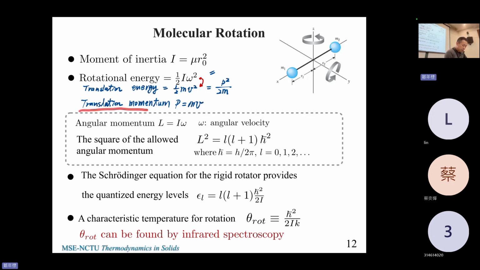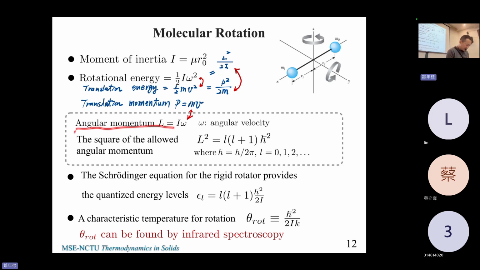Translational momentum P equals mv, so angular momentum L equals I omega. You can compare this again. After you compare, you can say P squared over 2m is L squared divided by 2I. So when you know the translation, you know how the rotation works.